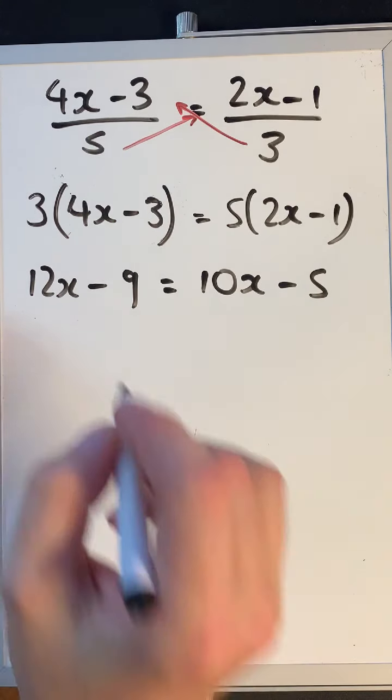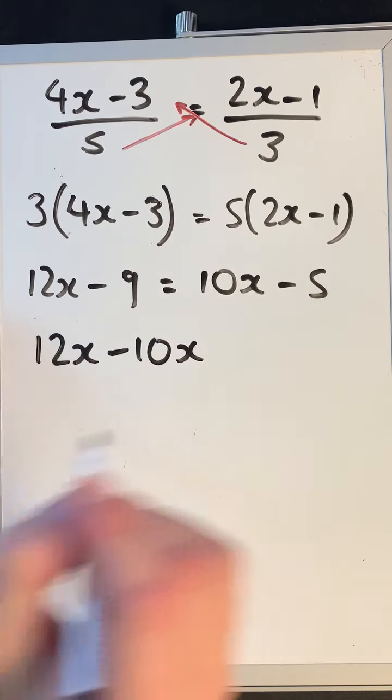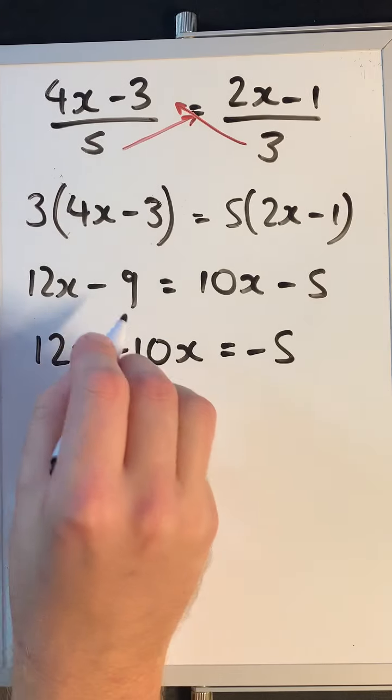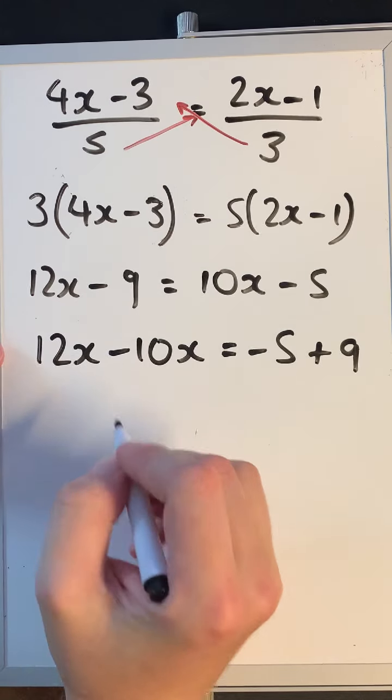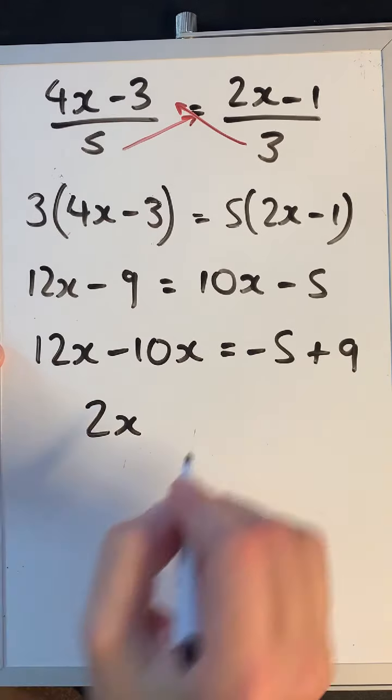I'm going to take the x's to the left. So we've got 12x minus 10x. And on the right, we've got this minus 5 plus 9. So what we're left with on the left-hand side is 12x minus 10x, which will give us 2x.